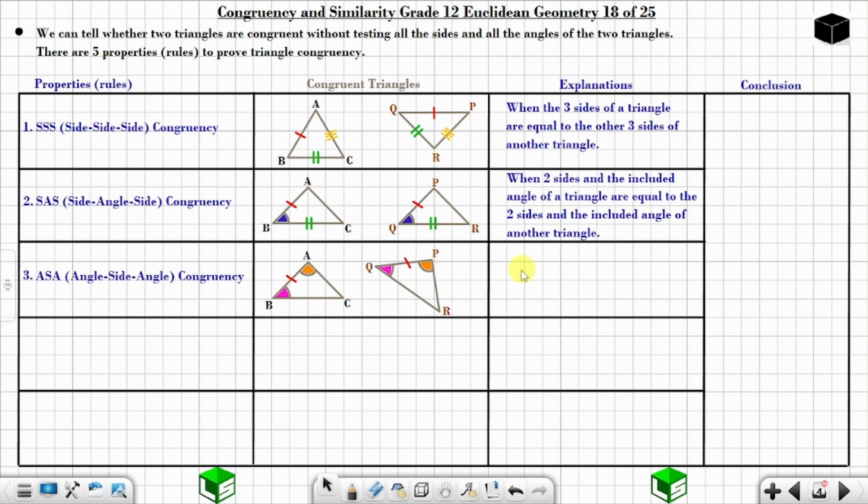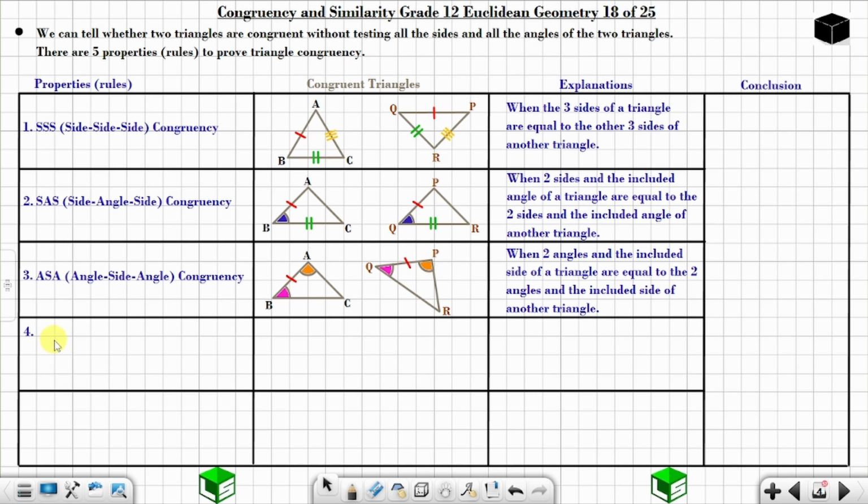So when the two angles and the included sides of a triangle are equal to the two angles and the included sides of another triangle, this is sufficient to conclude that the two triangles are congruent.